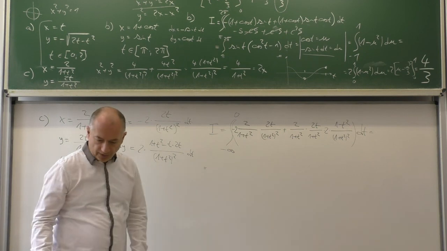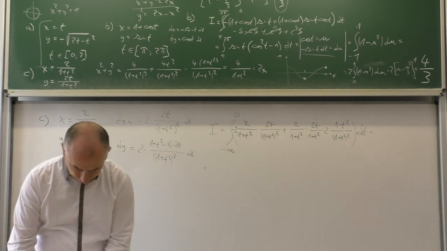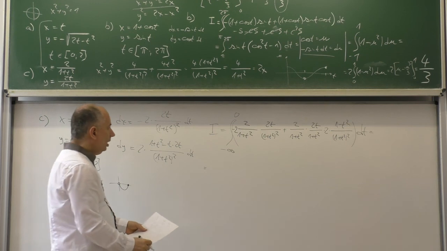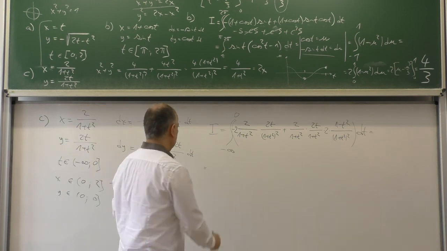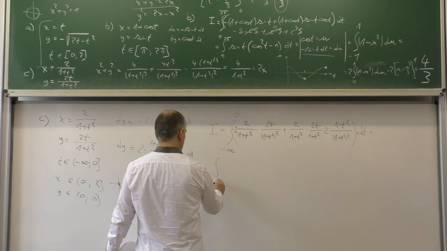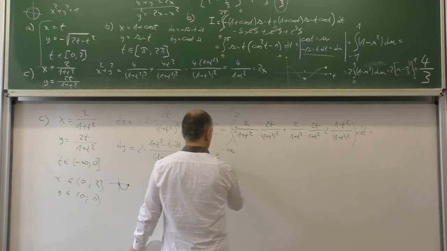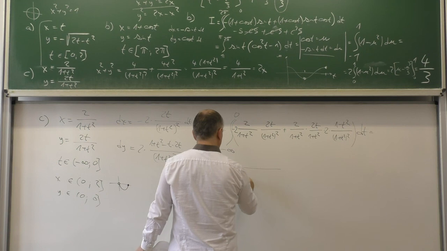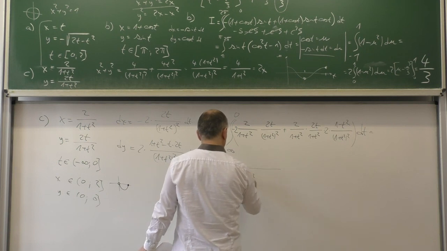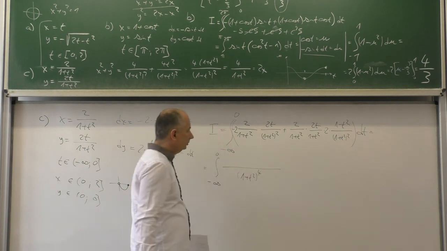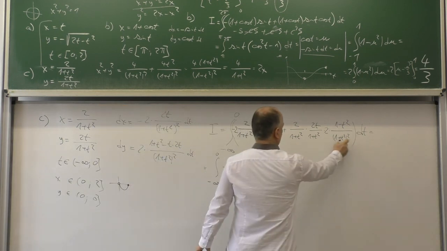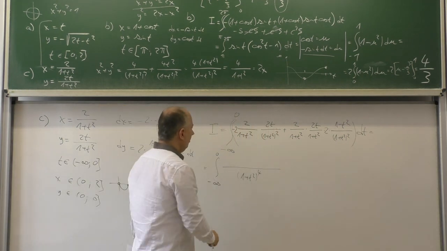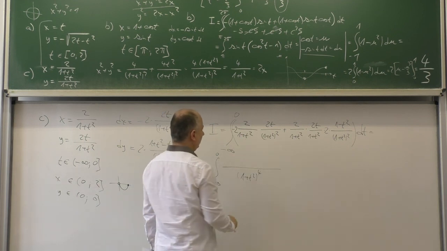Well, we can simplify this a little. We can bring these two terms to a common denominator, which is 1 plus t squared to the power of 4. Because here we have 1 plus 2 is 4, but here we have only 1 plus 2 is 3.